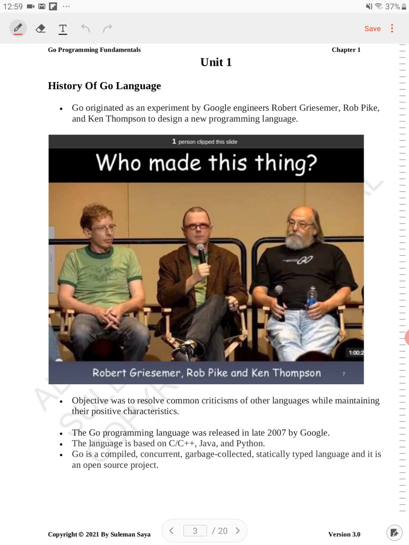And statically typed means that during the compilation, basically everything is known about its keywords, or how the memory is going to be allocated, what data types are used within the code, and so forth.